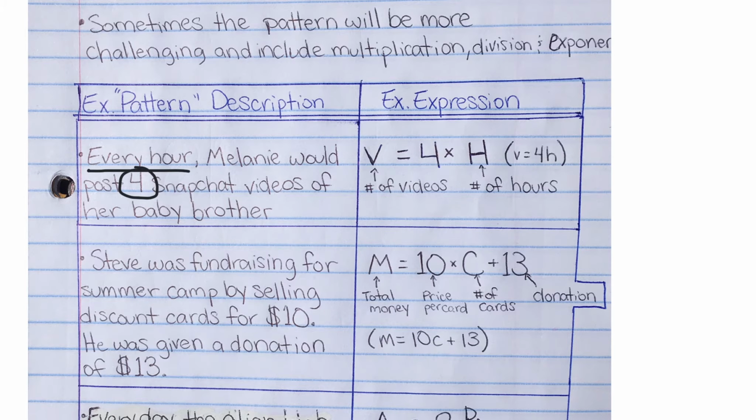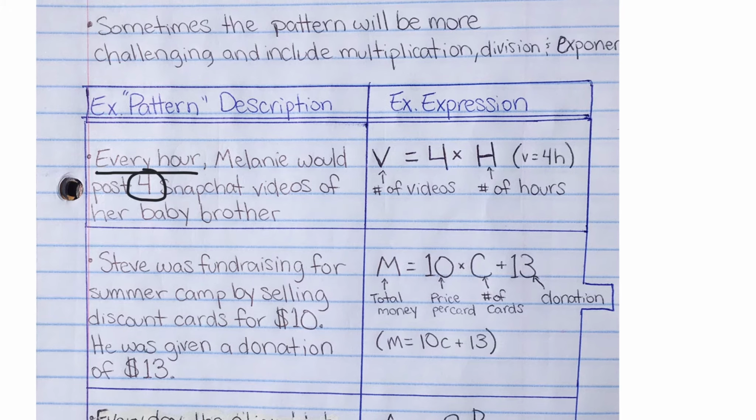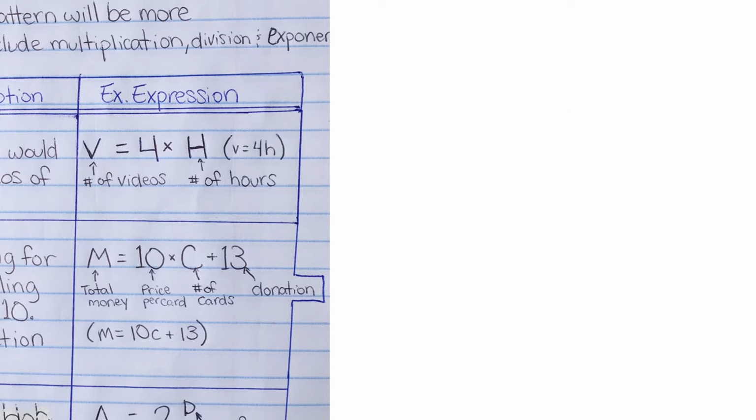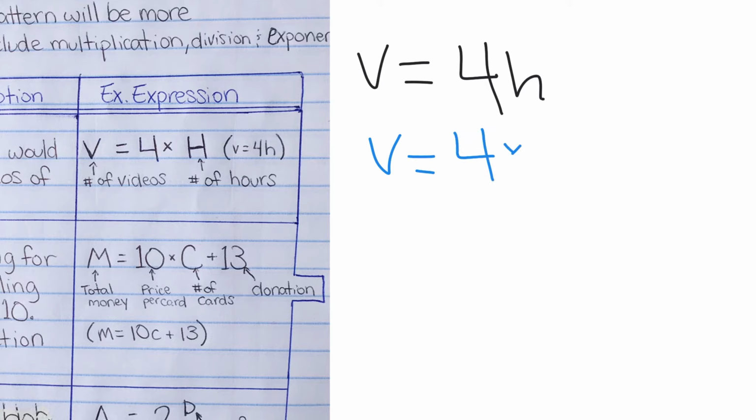And in our expression, what that would look like is the number of videos is equal to the number of hours times 4. So if we wanted to substitute some values in there to see what this would look like, we'll write down our expression. Number of videos equals 4 times the number of hours, which means if she only posted videos in 1 hour, it would look like videos equals 4 times 1 hour, which means she only did 4 videos, right?